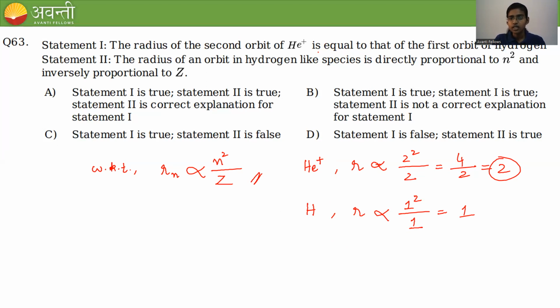Here it is given as equal to that of the hydrogen, so it is incorrect. Actually the helium radius is twice that of the hydrogen, but here it is given as equal to that of the first orbit. So statement 1 is incorrect, but statement 2 is correct. So option D is the correct answer for this question.